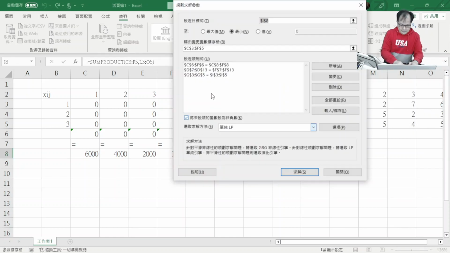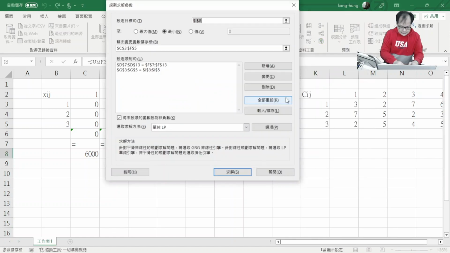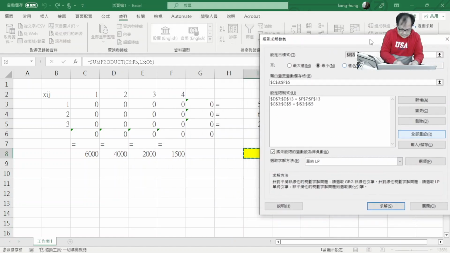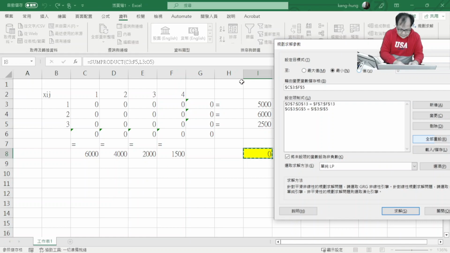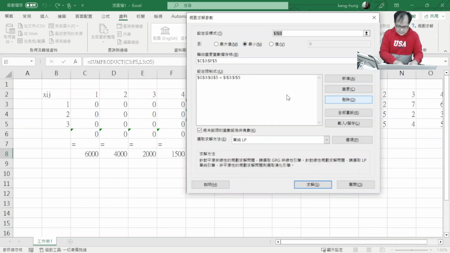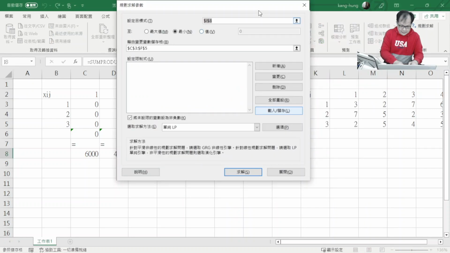Okay, so I think this is not correct. I delete it. Okay, I check again. G3, okay, D3, where is D7? Oh, maybe I need to delete again and input again to avoid mistakes.